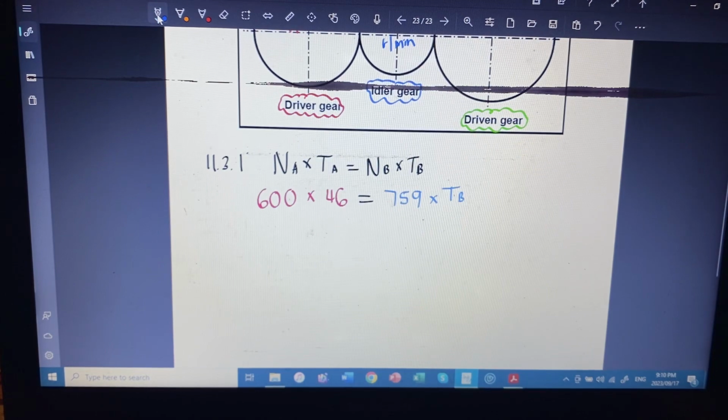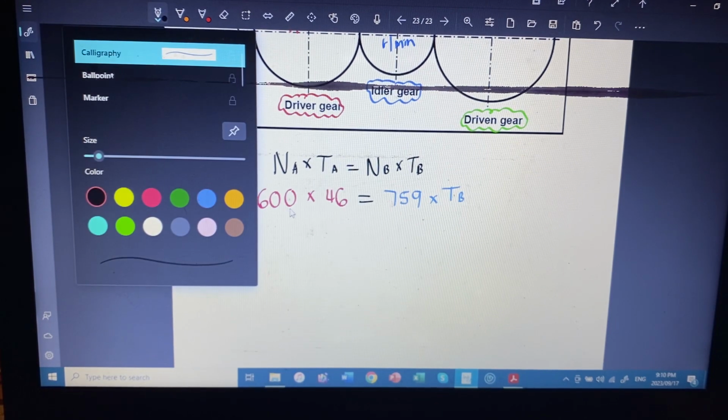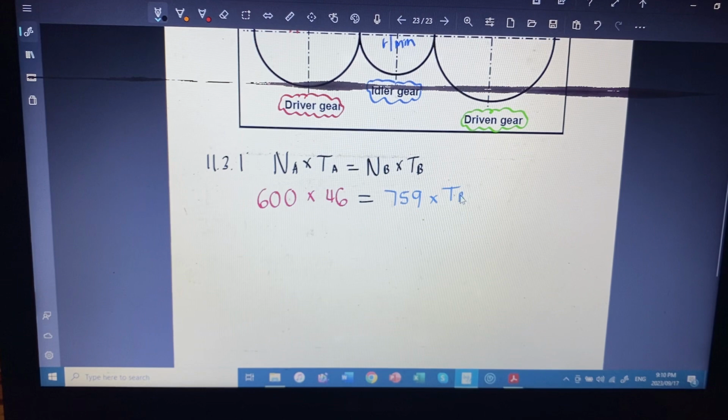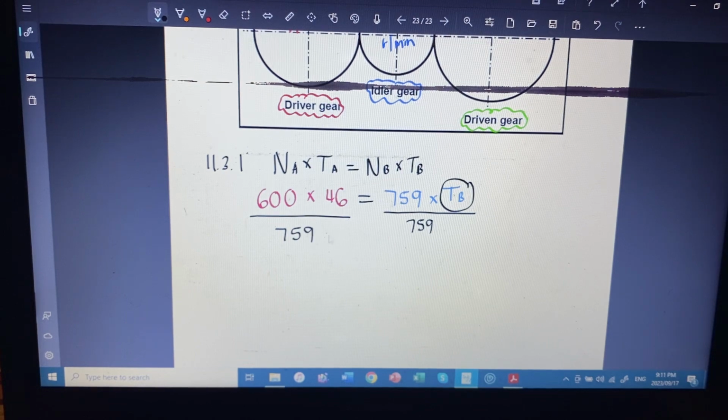Okay, then you just have to go and do basic math. So we want TB to be alone because that's the one that's unknown. It's multiplied with 759, so all that I have to go and do is the opposite and say divided by 759. And what you do on this side, you have to do on the other side. So divided by 759.